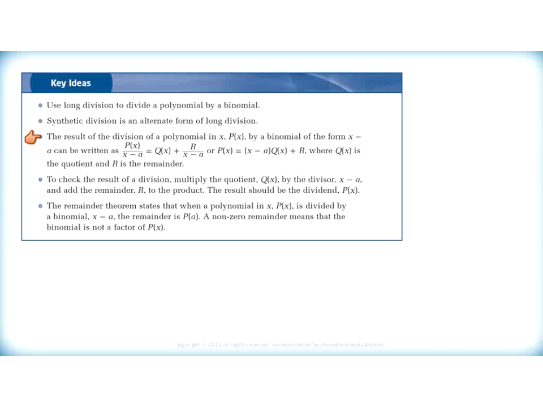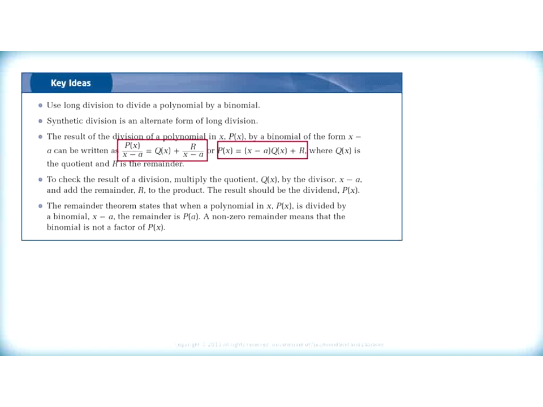The result of the division of a polynomial in x, p of x, by a binomial of the form x minus a can be written as p of x divided by x minus a is equal to q of x plus r over x minus a. p of x represents the polynomial, x minus a represents the divisor, q of x represents the quotient, and r represents the remainder. Or we can say that p of x is equal to x minus a multiplied by q of x plus the remainder r.